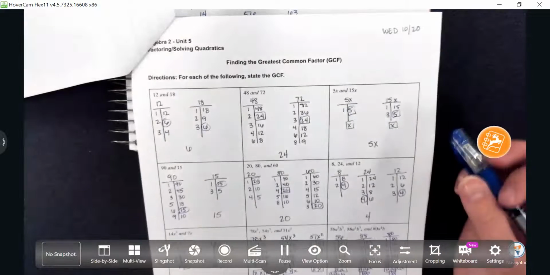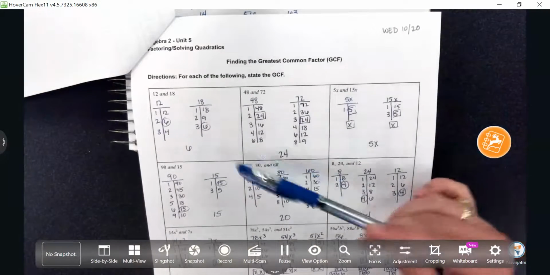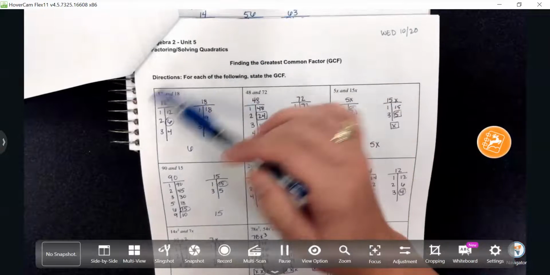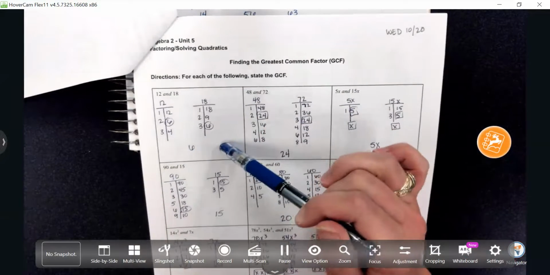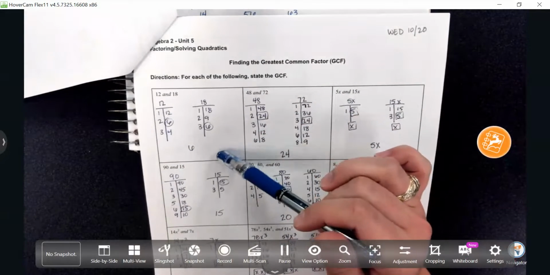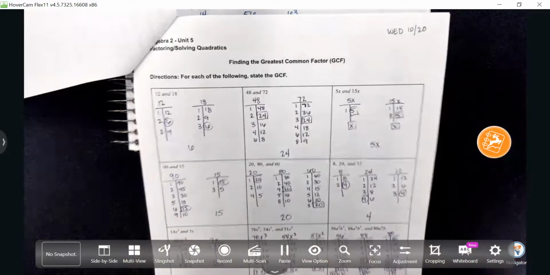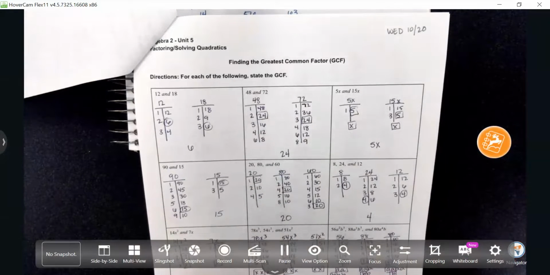I had a very good question earlier, and that was, if I already know the GCF, do I have to make these tables? No, you don't have to. That's up to you, okay? I will tell you that 12, 24, and 36 are very common numbers you're going to have to make tables for.